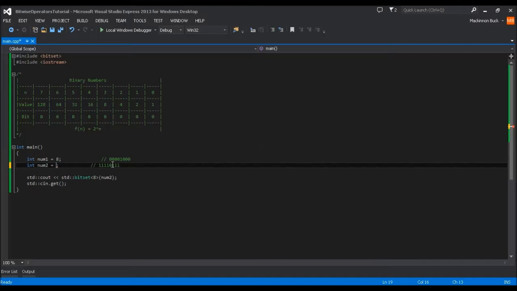So if I do num1 less than sign less than sign 2, basically it shifts, I'm gonna put these all to zeros, it shifts all of number 1's bits over 2 places. So this 1 will be over 2 spots this way. So it will be right there in our number 2. So basically it shifts all the ones over 2 spots.